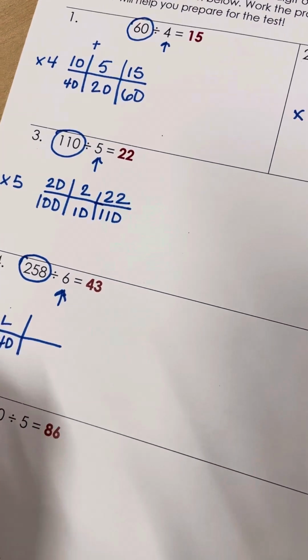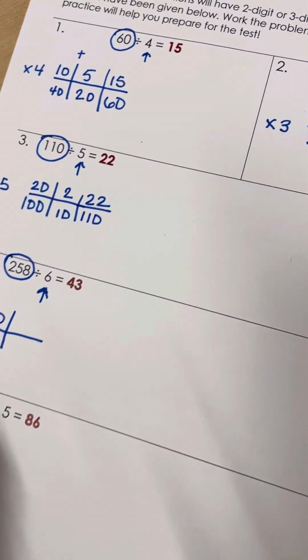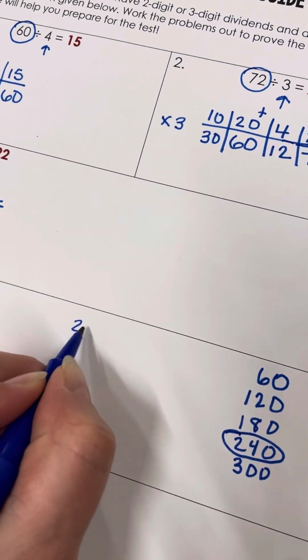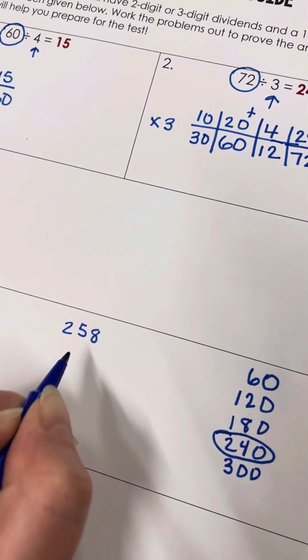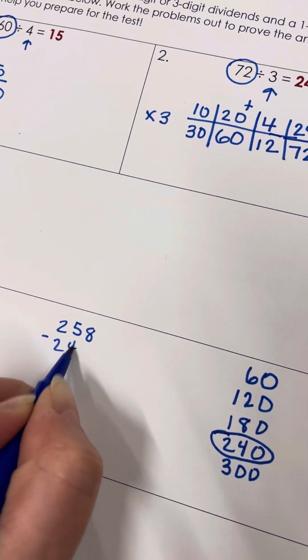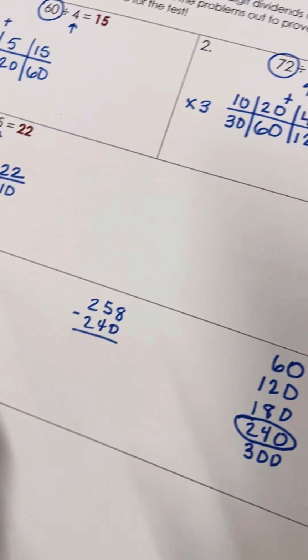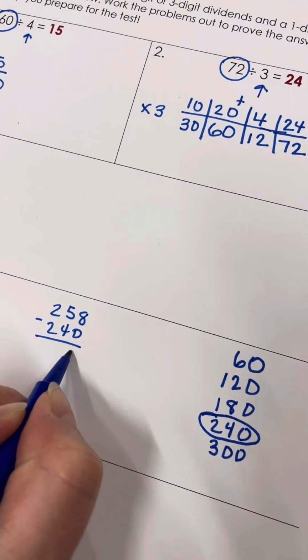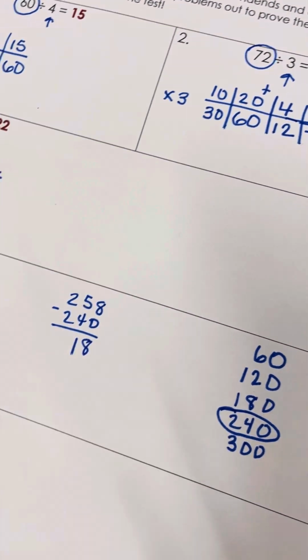That would be 40. So now, just to double check, and you may be able to do this in your head, but if you can't, just set up a quick subtraction because I'm doing this checking step to see how much more I need. So looks like I'm going to need 18 more.